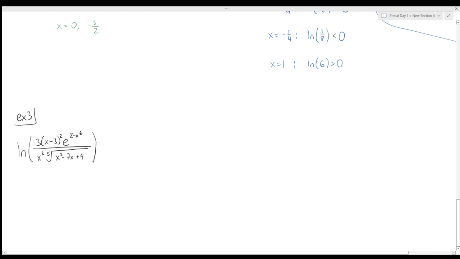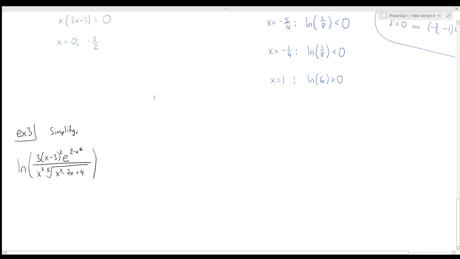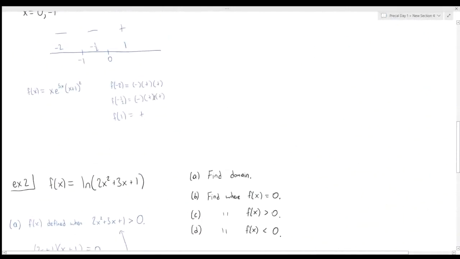Probably some of you, hopefully all of you have seen problems like this before. We have a pretty complicated expression with natural log. And what we want to do is simplify this using some of those properties of natural log that I mentioned at the very start, okay? So we'll do this pretty quickly and then I'll let you guys go.